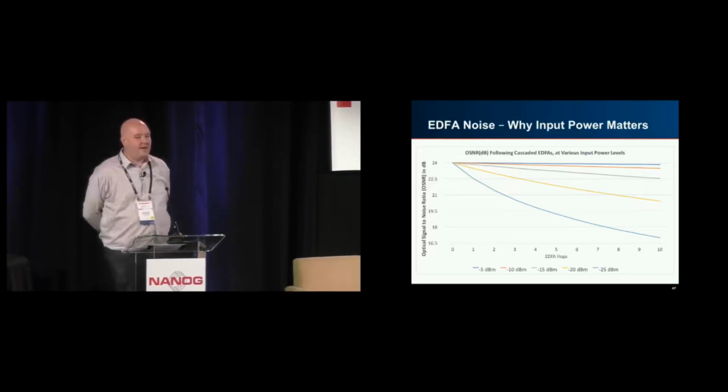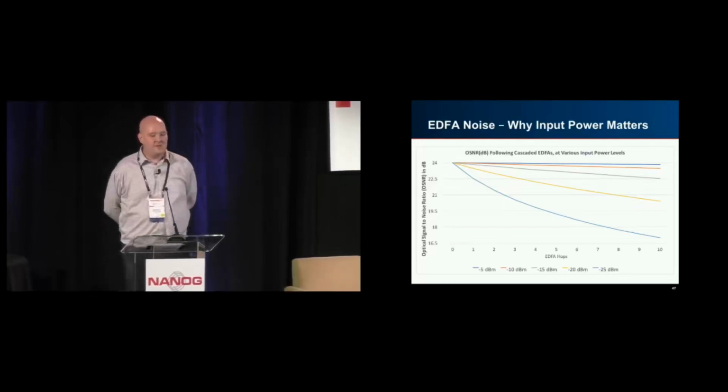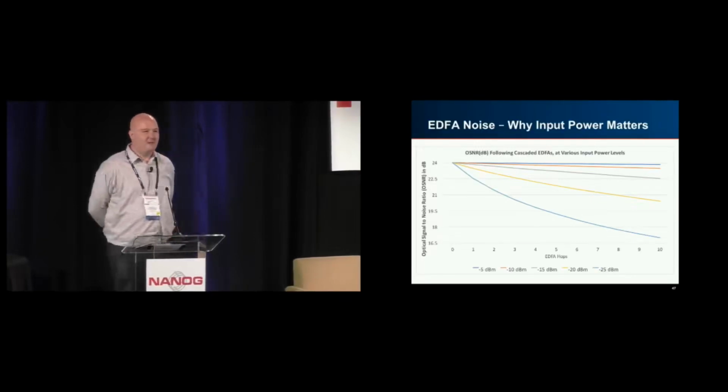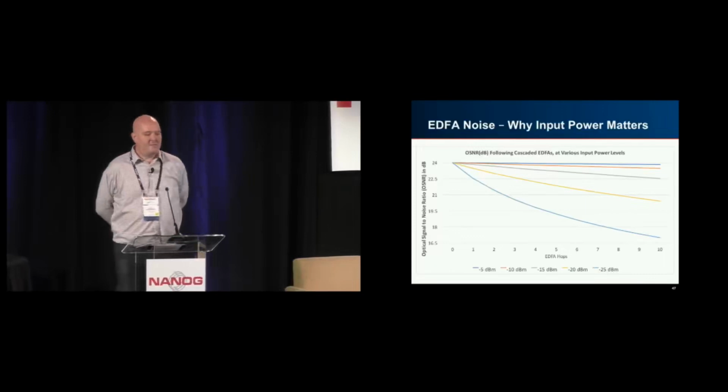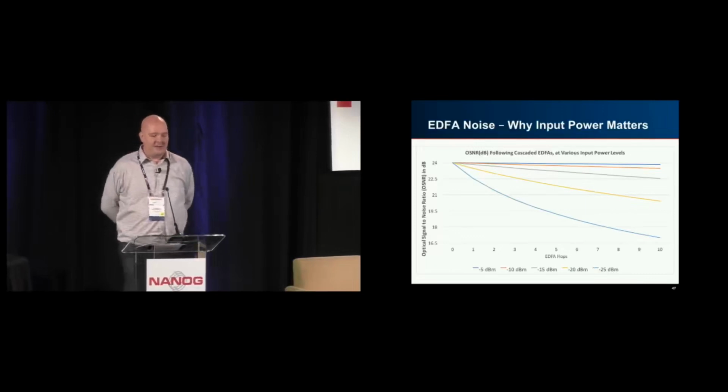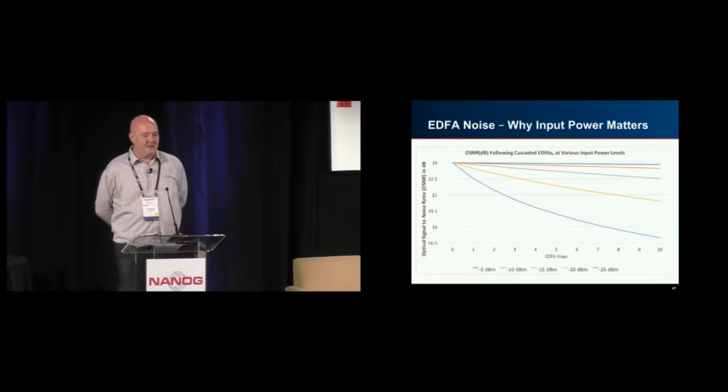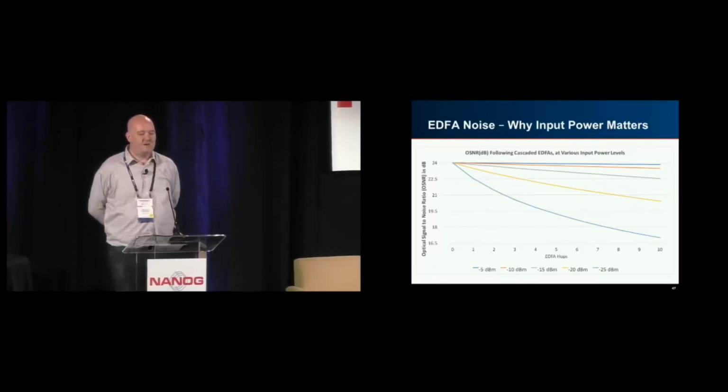So you see here, this top line, we start with a 24 dB OSNR. It's a very, very good, very strong signal. And you see that we amplify it 10 hops, but we never let the signal get below -5 dBm before we amplify it. You see that we have almost no loss in OSNR at all. And you see, as we move to 10 dB and 15 dB and 20 dB, you see how quickly this falls off.